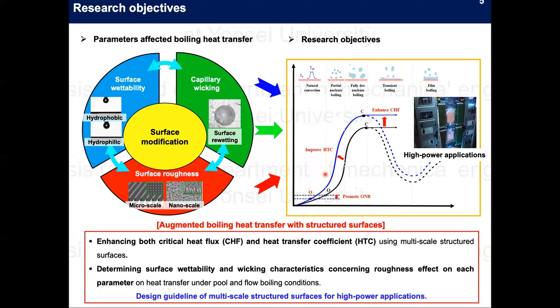Hence, the research objective of my PhD thesis is to provide a design guideline of multi-scale structural substrates for boiling heat transfer enhancement to overcome the thermal management issues of high power applications, especially for data server cooling using immersion cooling technology as shown in this video.